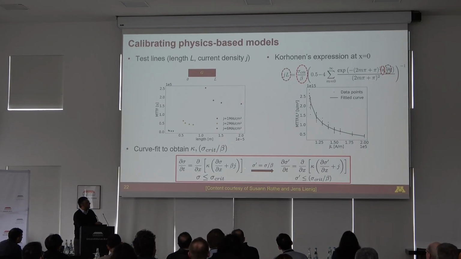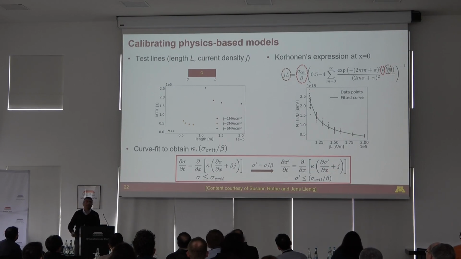Put in this substitution over here, and you get a new sigma prime, and now your failure parameter is this, which is exactly this thing that you pulled out of here. So if you have this failure criterion, and this, which comes from here, and your current density, which you know, then you can solve this, and now you have a pathway to go from characterization to this physics-based world, which was impossible in the old days.